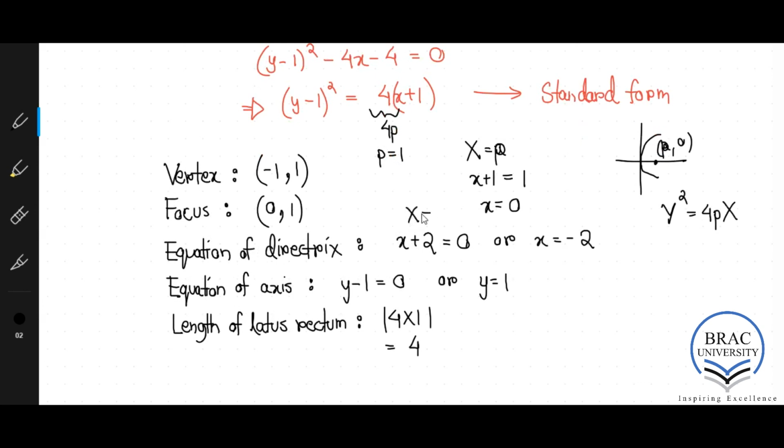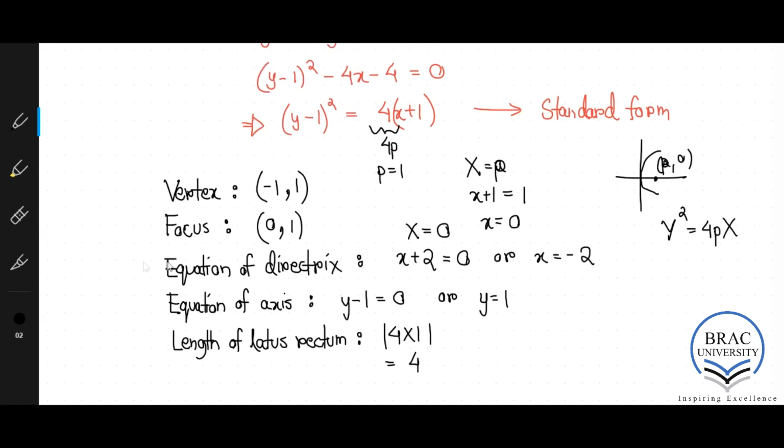This is just capital X equals 0, and so we substitute X plus p is equal to 0, and the p here is 1. So you have x plus 1 is equal to 0, which gives you this thing. And similarly, it follows the same pattern. So these are the solutions.